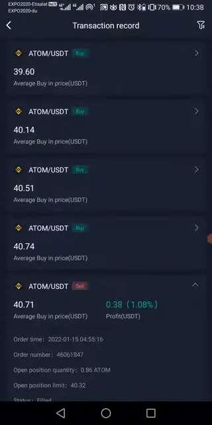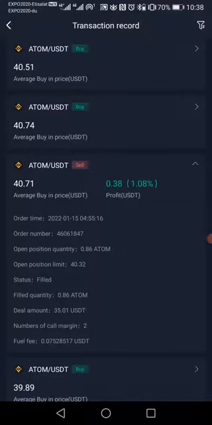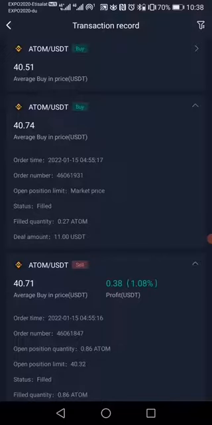So if you look at the sell here, you can see the open position limit 40.32. So the robot automatically places that limit, and once it gets to that price, it executes for you. Unlike the buy, where the open position limit is the market price, it's always buying at the market price. That's one thing to differentiate between the buying and the selling.